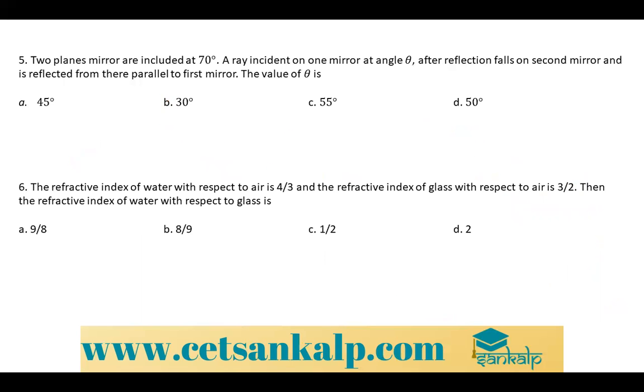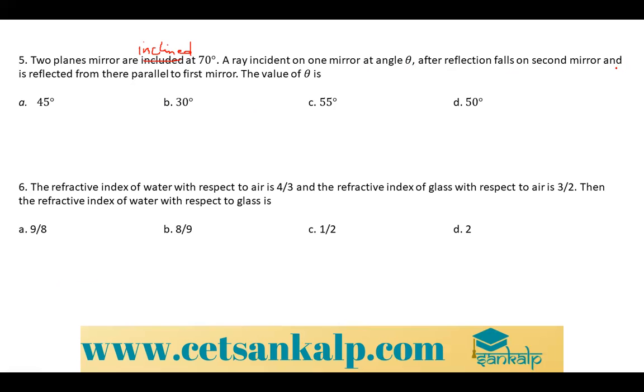Next, two plane mirrors are inclined at 70 degree. A ray incident on one mirror at angle theta after reflection falls on the second mirror and is reflected from there parallel to the first mirror.